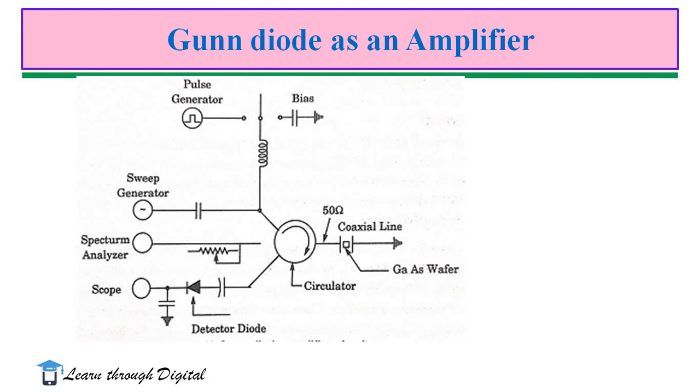Gunn diode can also be used as an amplifier. This figure illustrates Gunn diode as an amplifier circuit. Gunn diode with negative resistance characteristics can be used as an amplifier. When RF signal is applied to the Gunn oscillator, amplification of the signal occurs, provided that the signal frequency is low enough to allow the space charge in the domain to readjust itself.